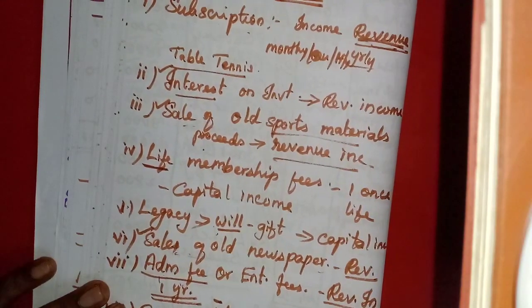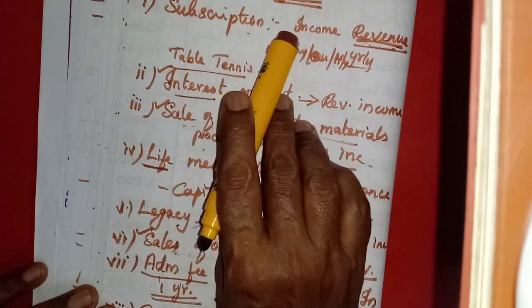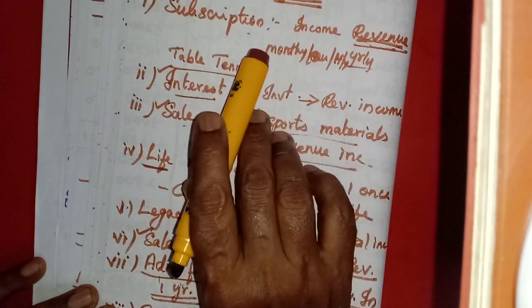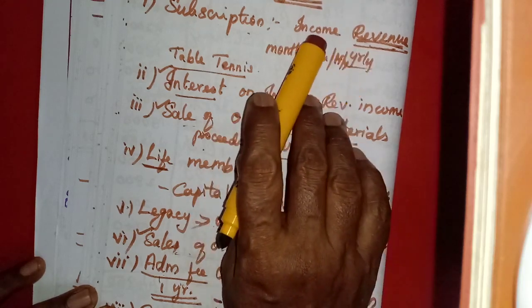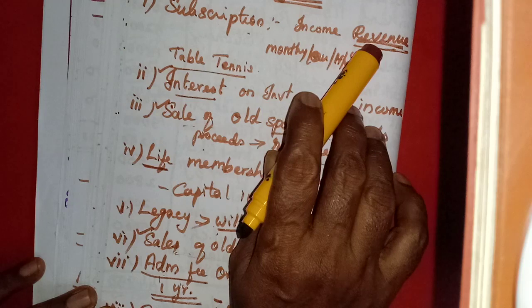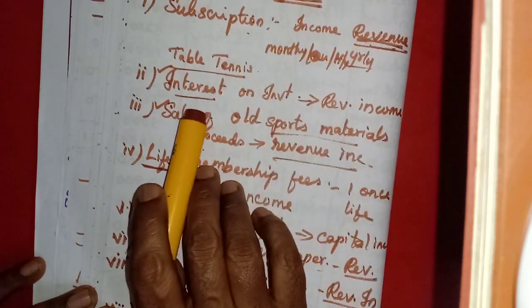Okay, so once again we will have a glance at what we learned yesterday. What are the items? Subscription: since it is collected from the members monthly, quarterly, half yearly or yearly, that is an income, revenue in nature, so we can take it in the income and expenditure account.